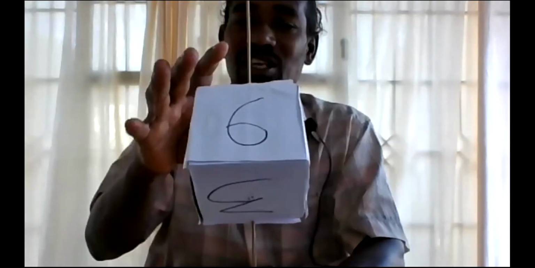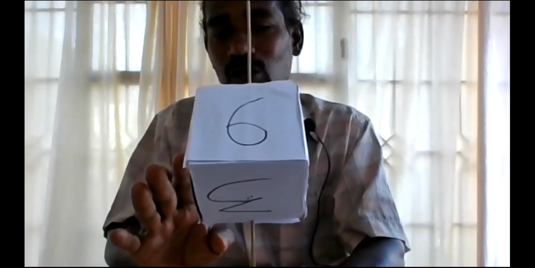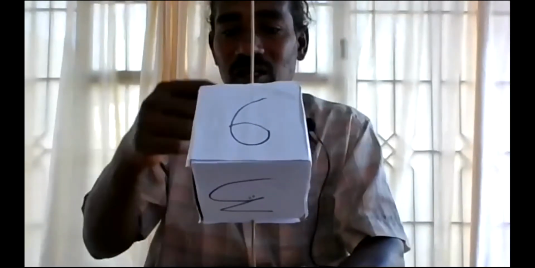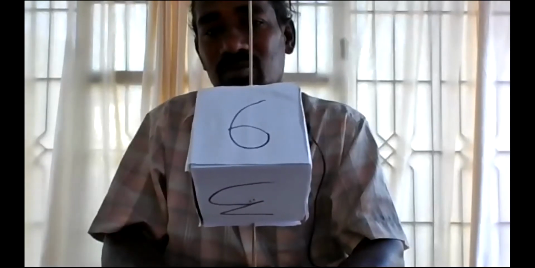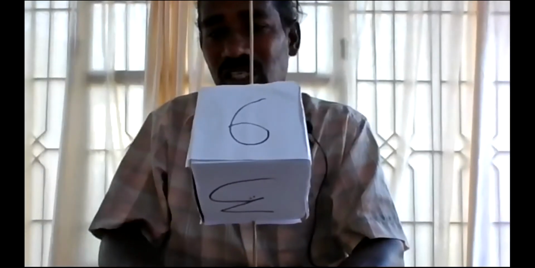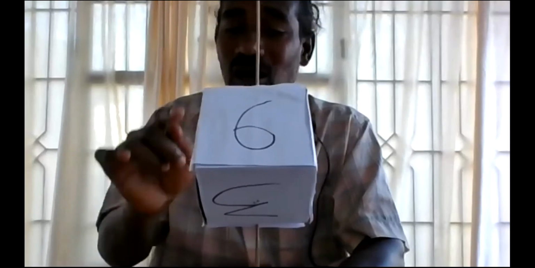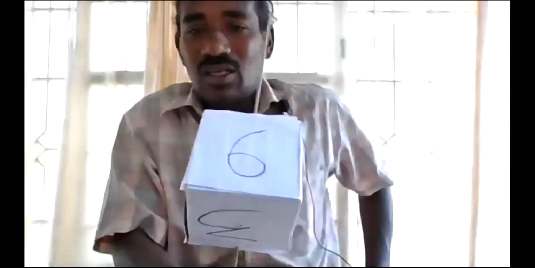Like this two-fold axis of symmetry, how many are possible for a cube?